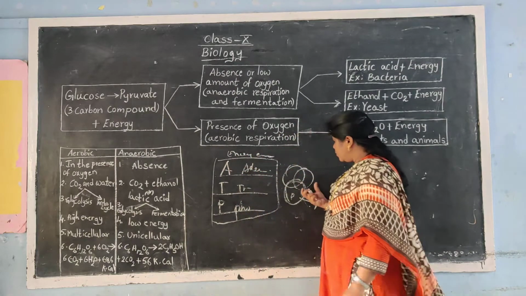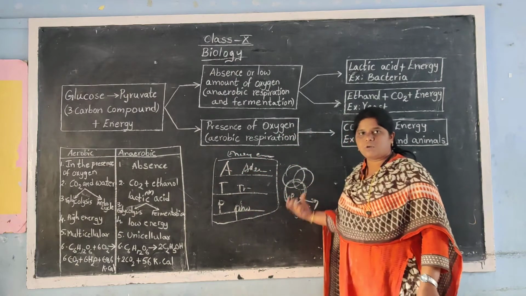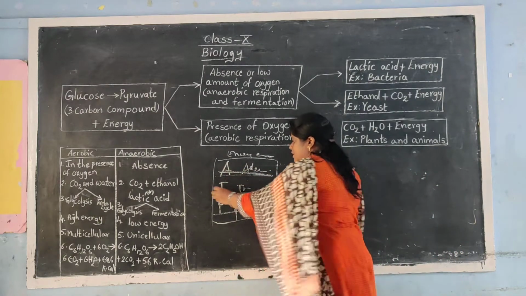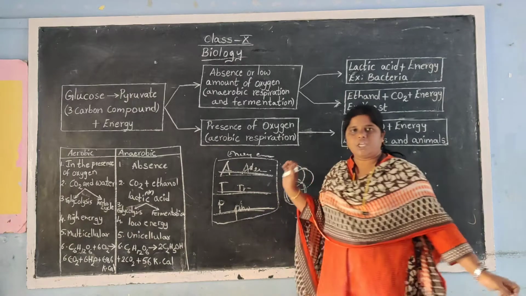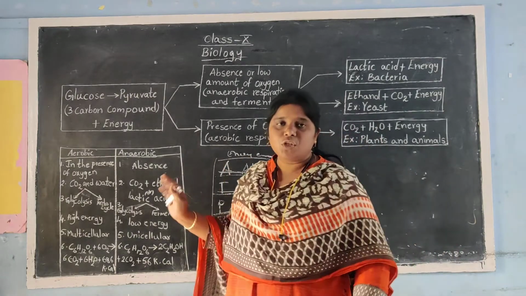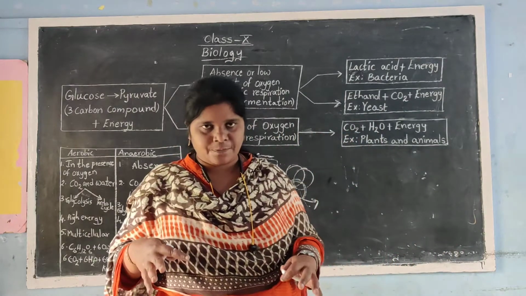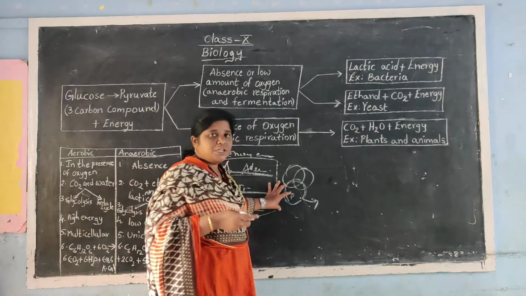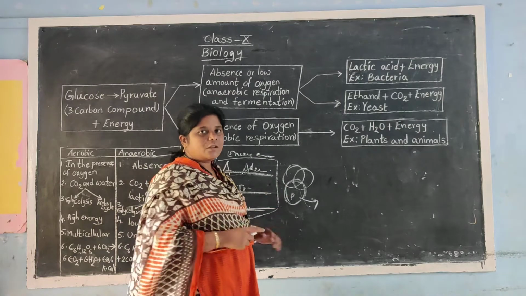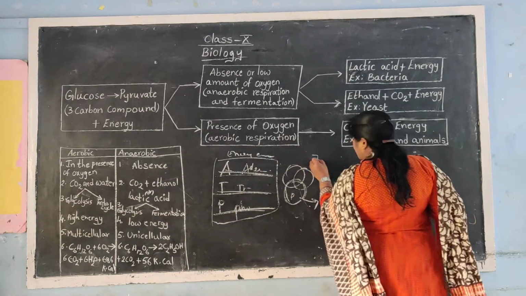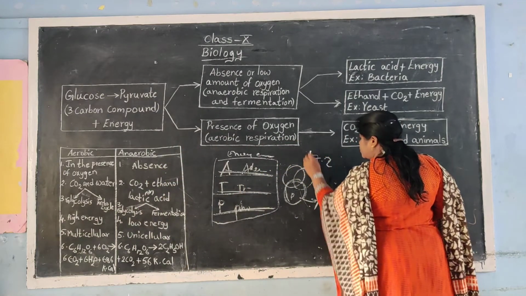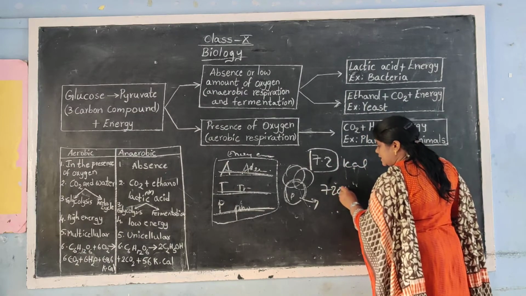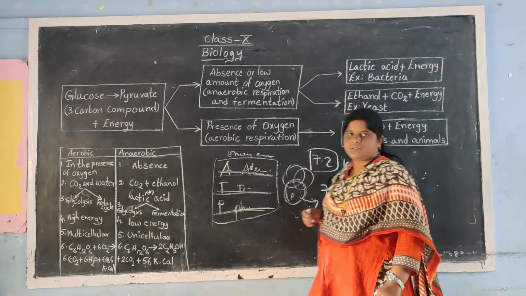Energy currency. So, this is the form of the ATP molecule, which is adenosine triphosphate. So, whenever we need energy, we can get energy from this ATP molecule. And each ATP molecule, as I have mentioned, carries 7.2 kilocalories of energy, or simply you can say 7,200 calories.